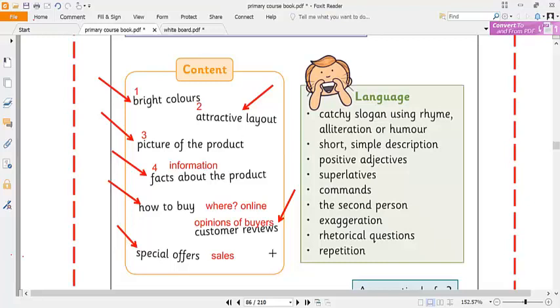Okay, I'll give you another minute to read the box of the content and to name them. What is the content of the advert?